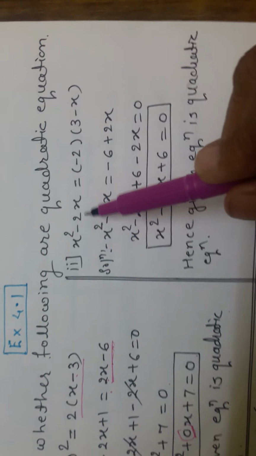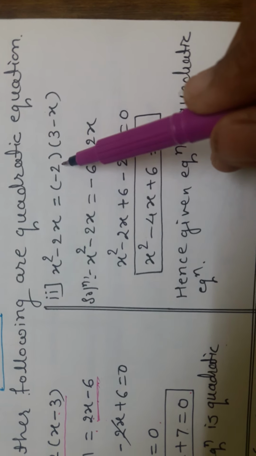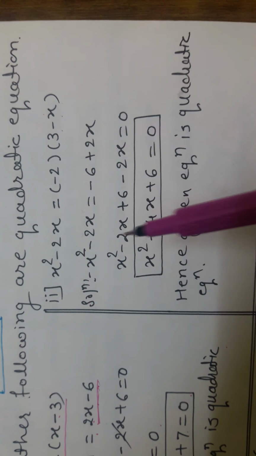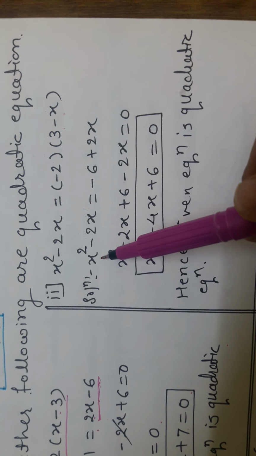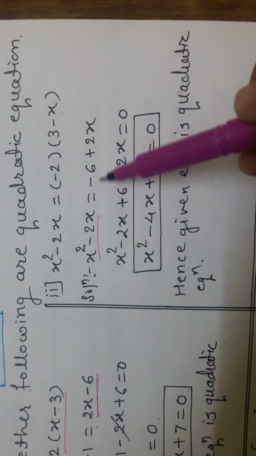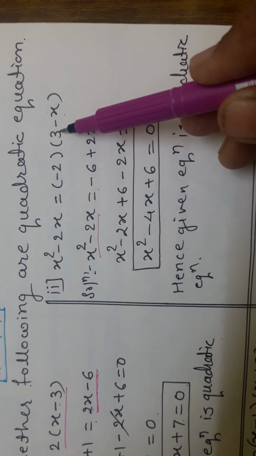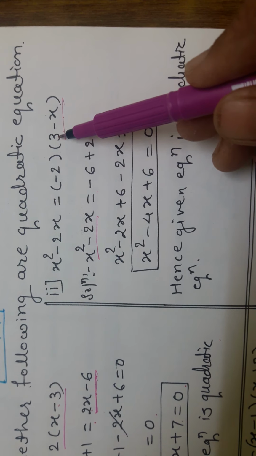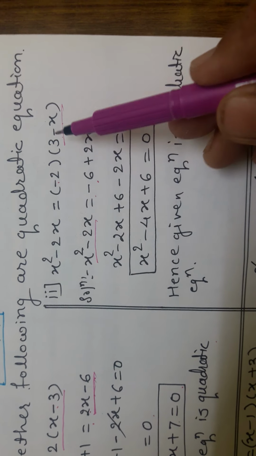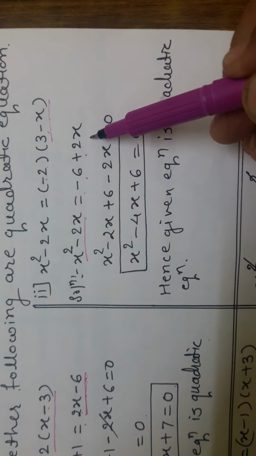Second, x square minus 2x is equal to minus 2 into 3 minus x. In the same way we have to solve. x square minus 2x is already solved, which is equal to minus 2. We are going to multiply by this bracket. Minus 2 into 3 is minus 6. Minus into minus is a plus, 2 into x is 2x.